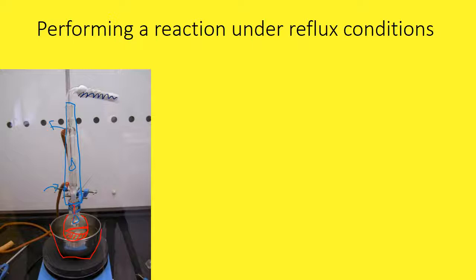Now we can do reflux and make a substitution reaction, or we can do reflux and make an elimination reaction mechanism. So if we want to do elimination, then we're going to have our other reactant, right?